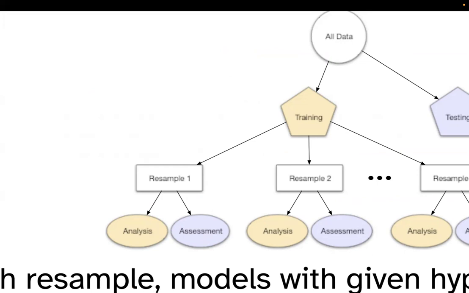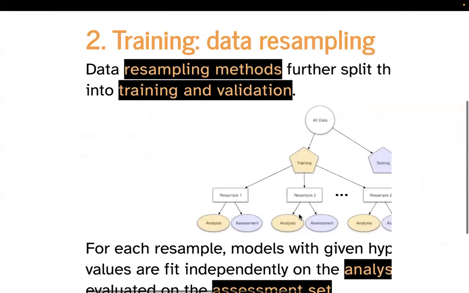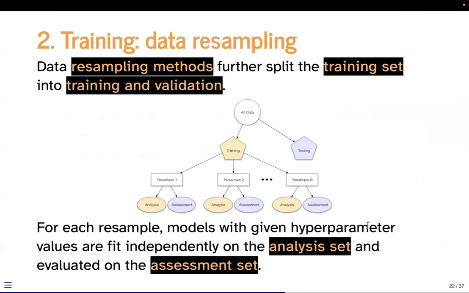In the end, you compare which combination of hyperparameters was the best across all resamples using one of those metrics, or maybe another metric, but a metric. So it could be largest R squared, it could be the lowest RMSE, and so on. So we use metrics on the training stage to determine what is the best model.